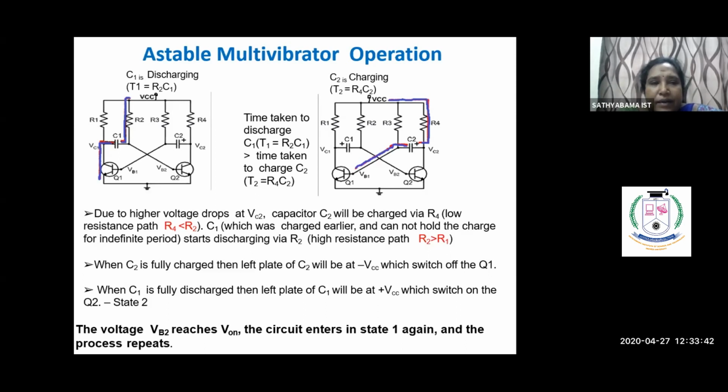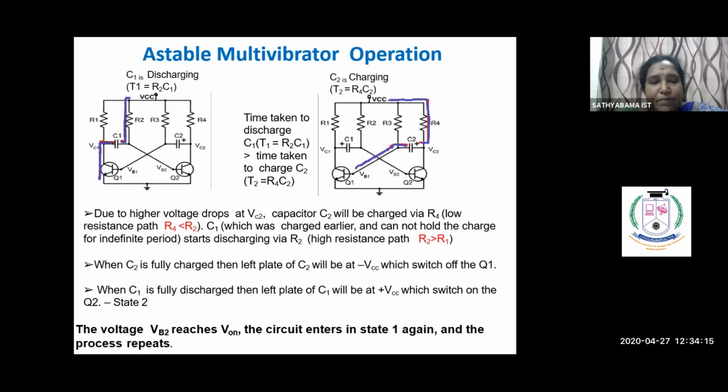Now to compare the charging and discharging periods, in the center it is given that the time taken to discharge C1 should always be greater than the time taken to charge C2. As I already told you, the capacitance C2 will be charged via R4, and this path is called the low resistance path.